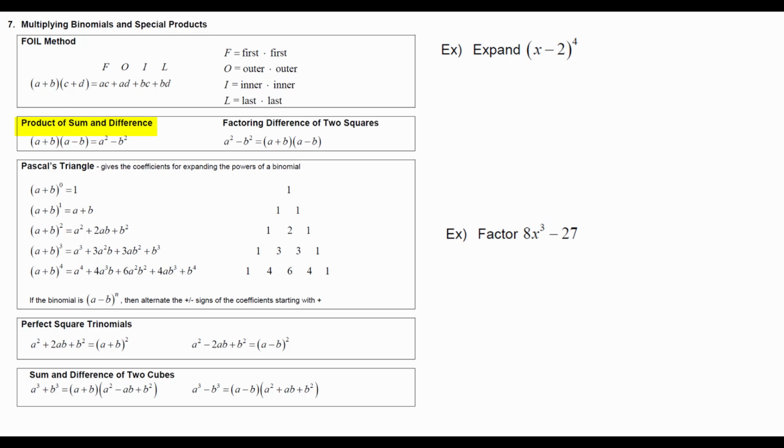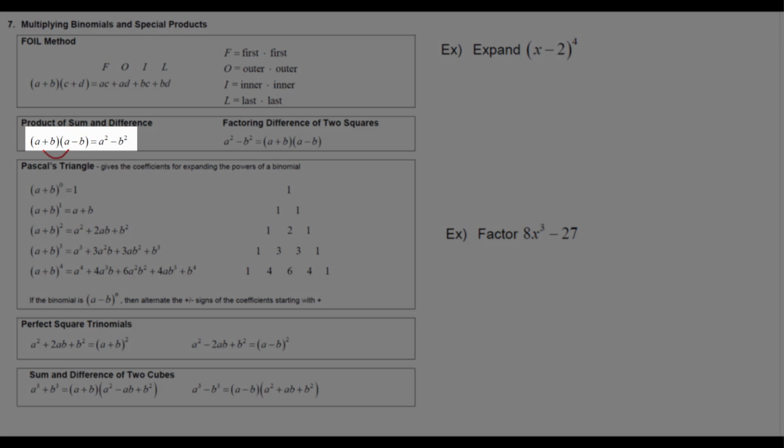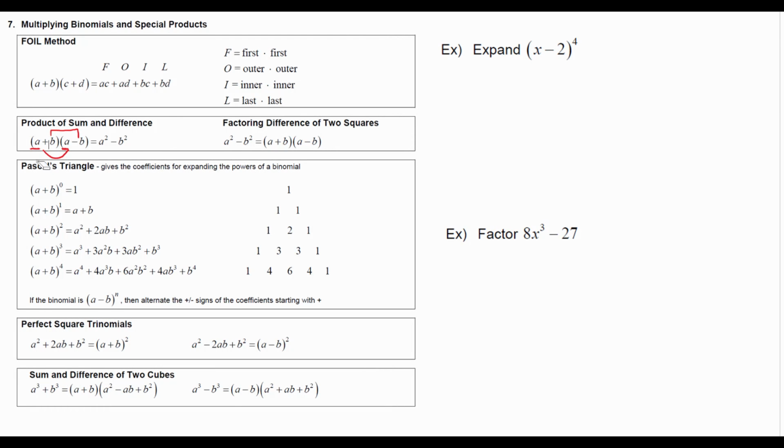Product of sum and difference. So when you multiply two binomials that are conjugates, and I do explain earlier what conjugates are. Conjugates are two binomials such that the first term is exactly the same and the last terms are opposites. And when you FOIL them, outer two and inner two are the same but opposite signs.